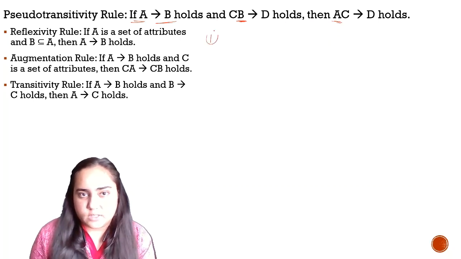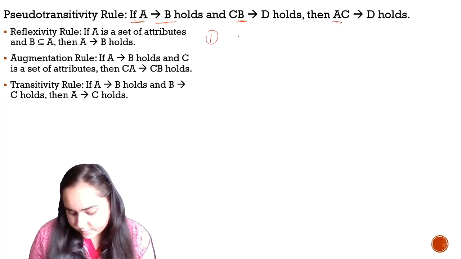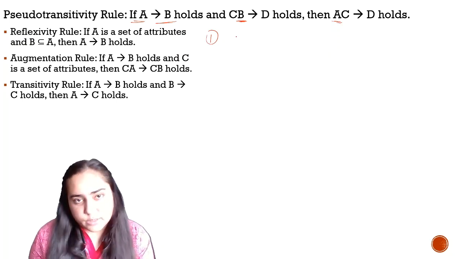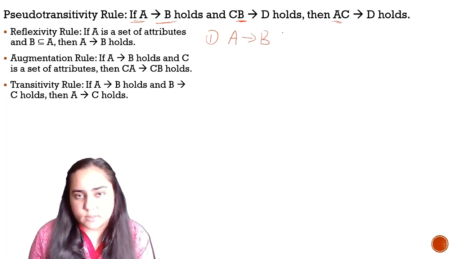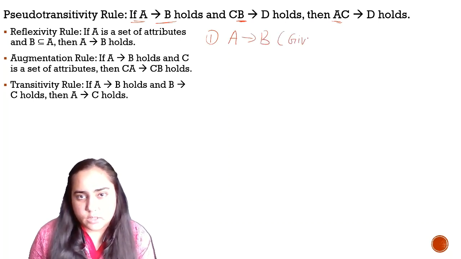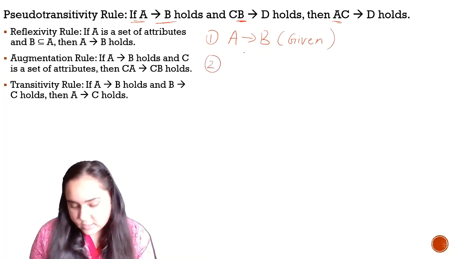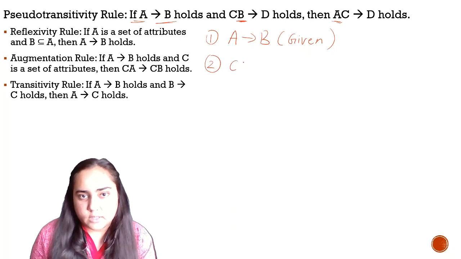So the first step, as usual, is going to be writing what I already have, which is A determines B, and we can write that this is given. As a second step, I'm going to write CB determines D, which also is given to us.